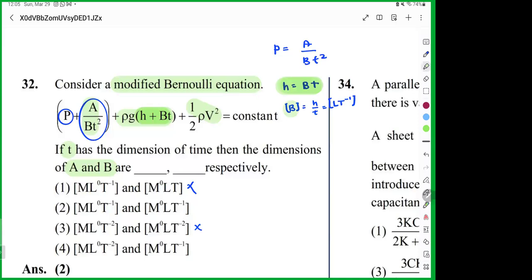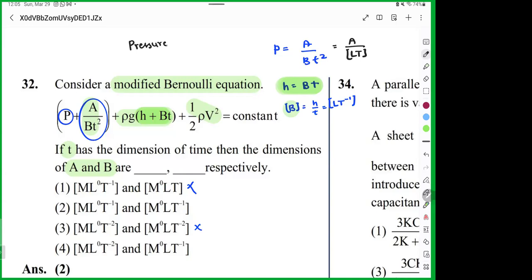Now come to putting this value in the first equation. a by b, what is the b unit? LT minus 1. If you take LT minus 1, it will be LT. And P is pressure.